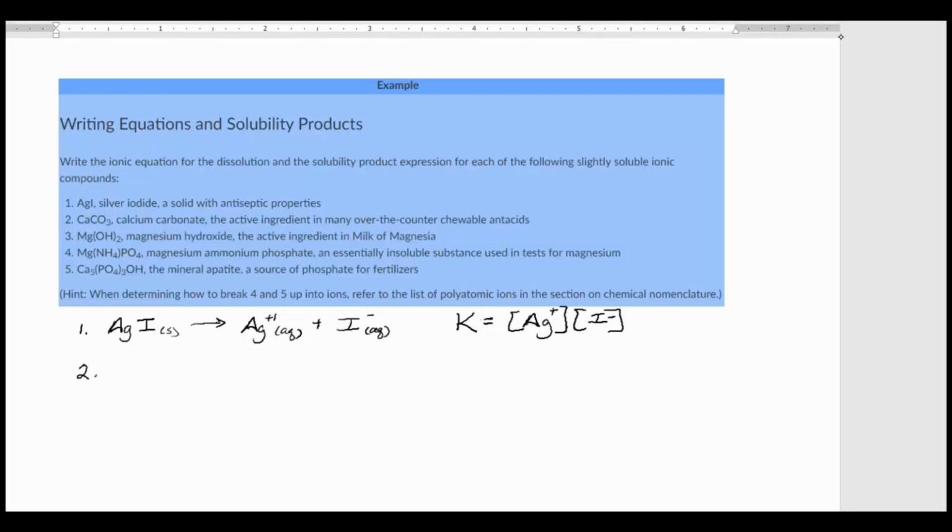So for number 2, we have calcium carbonate. Calcium is a +2, carbonate is a -2. We have one of each when they break up. So the K expression is dependent on the concentration of the products.